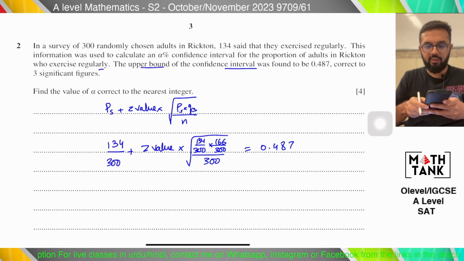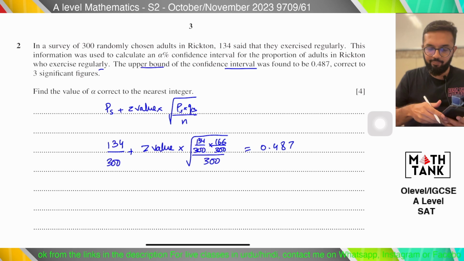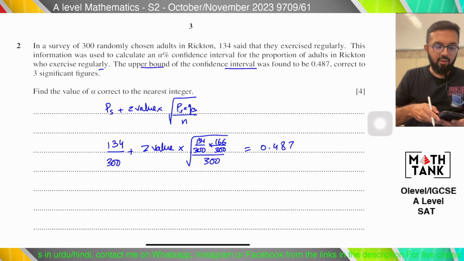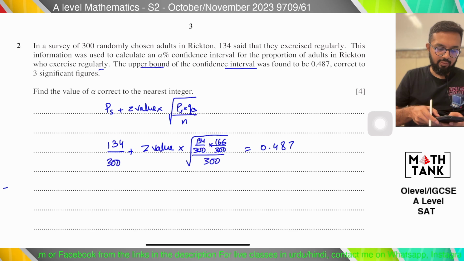Let's quickly calculate that. 134 divided by 300 into 166 divided by 300 divided by another 300, root of answer, and then 0.487 minus 134 over 300.